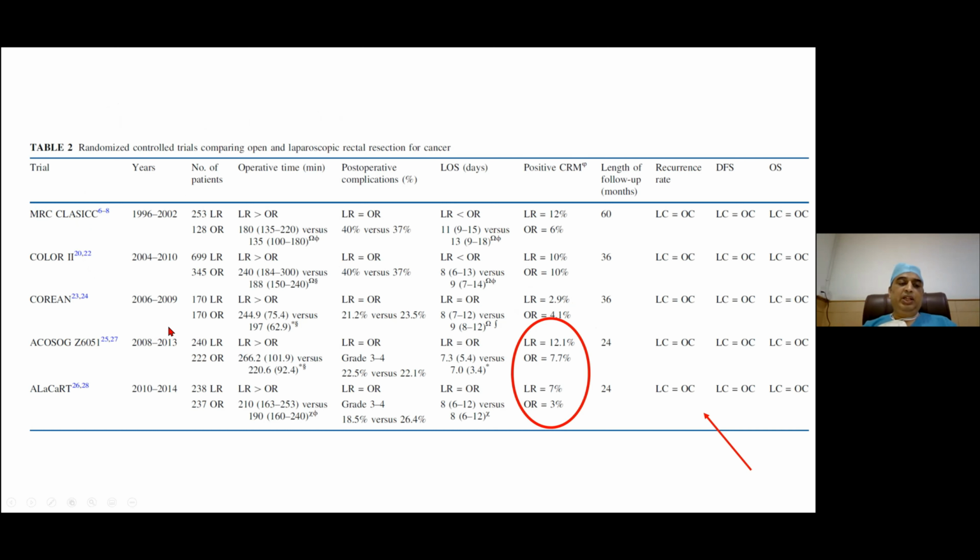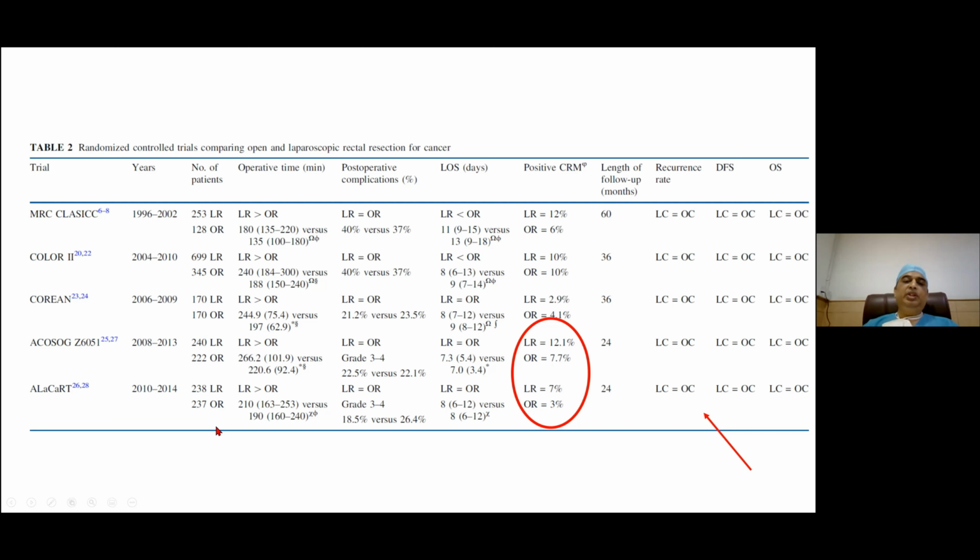But these other two trials have shown that the CRM positivity rate was slightly higher in laparoscopic surgery as compared to open rectal resection. But in the long term, there was no difference in the local recurrence rate, disease-free survival, or overall survival, though the CRM positivity rate was higher in the laparoscopic group in these two studies.